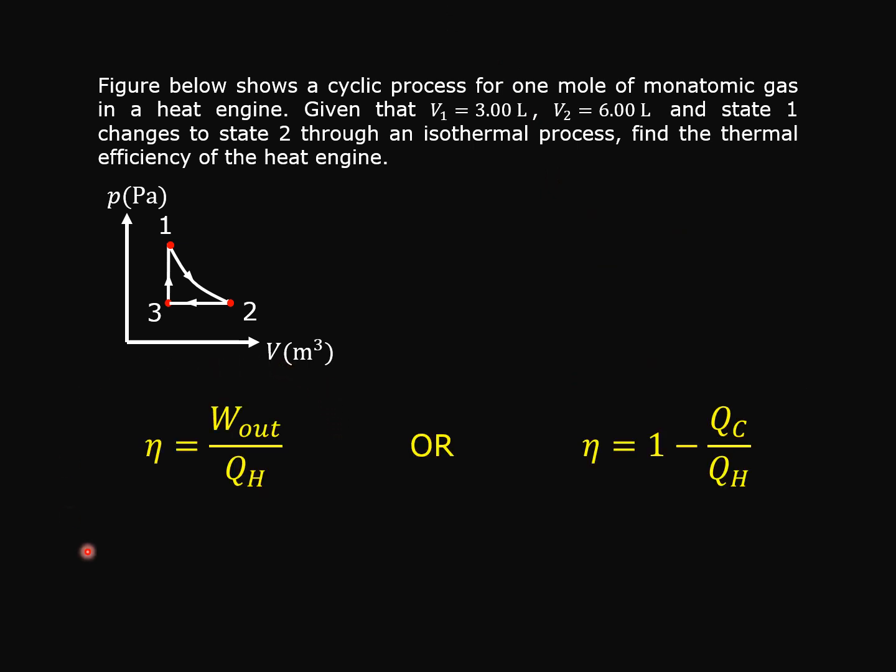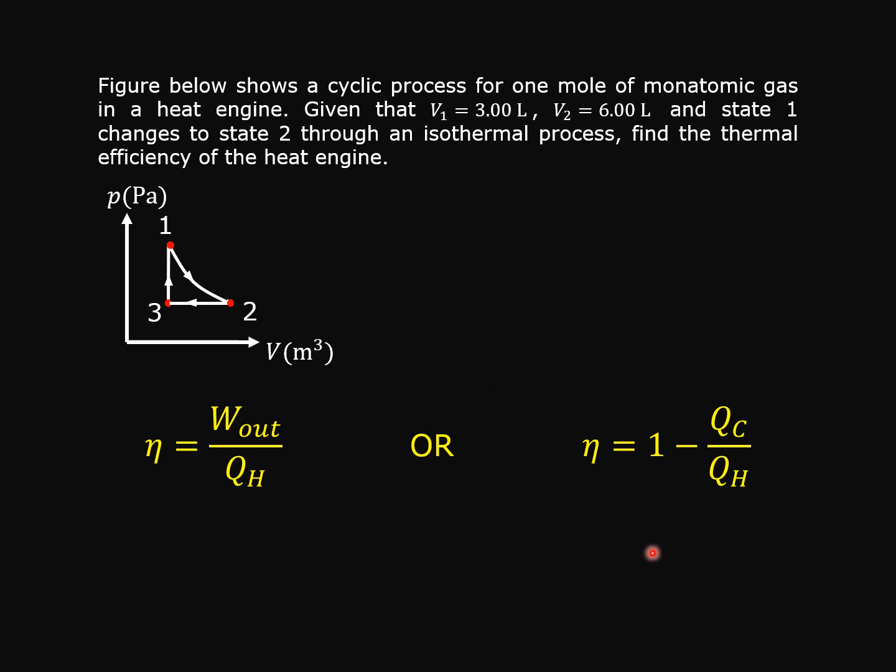We solved this question using eta equal to output work divided by QH. But in fact, eta, the thermal efficiency of the heat engine, can also be evaluated using another formula, which is 1 minus QC over QH.